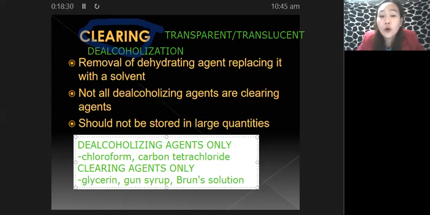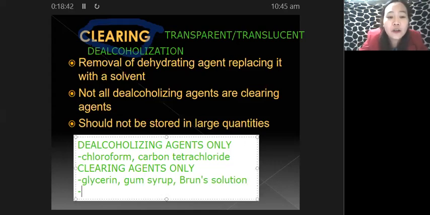So when do we use your glycerin, your gum syrup, and your bronze solution? Remember, they are considered to be clearing agents only.